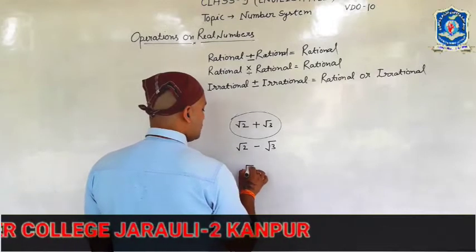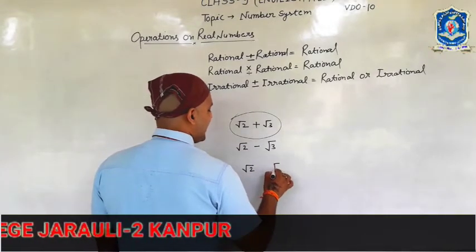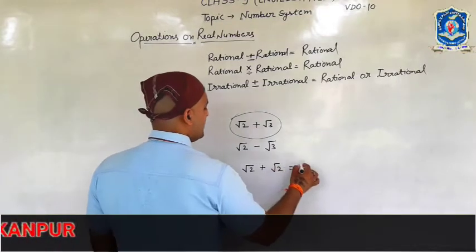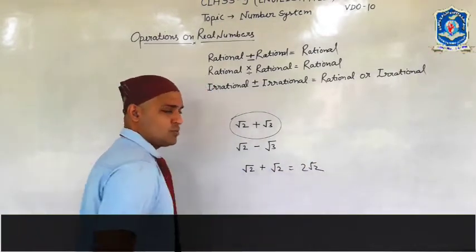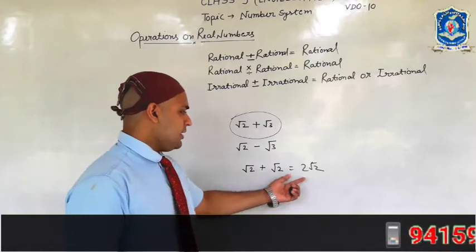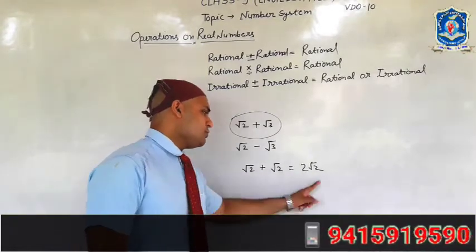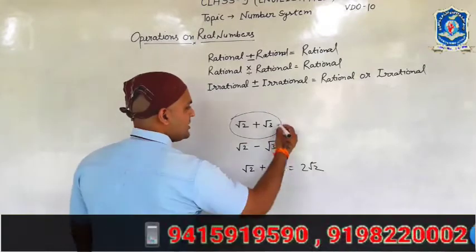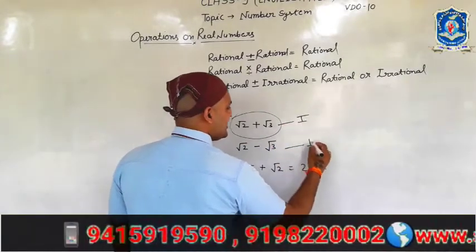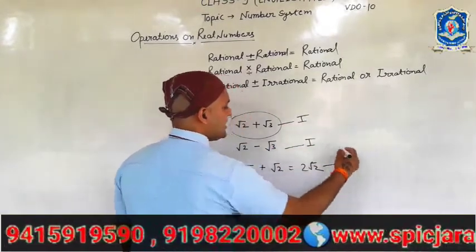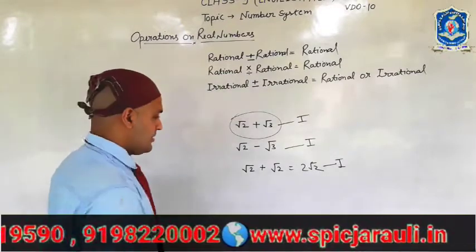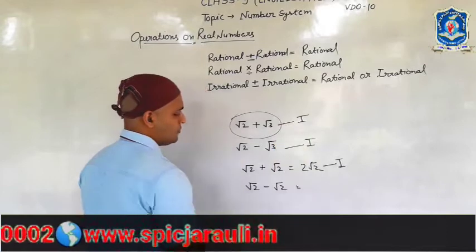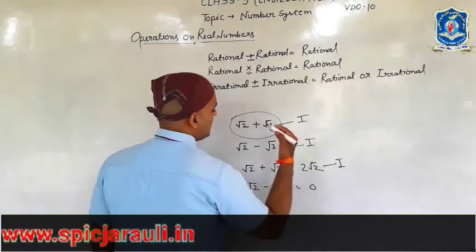If we take root 2 plus root 2, the result will be 2 root 2, and 2 root 2 is also an irrational number. But if we subtract root 2 minus root 2, the result will be 0.